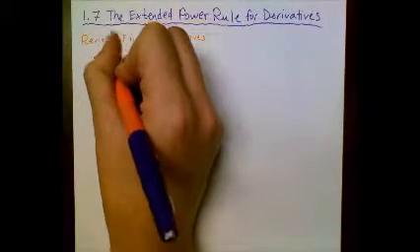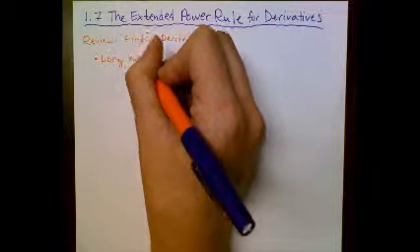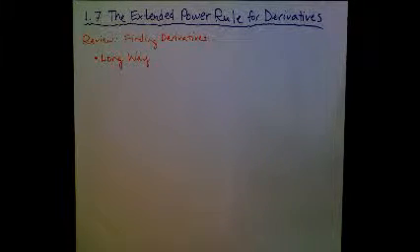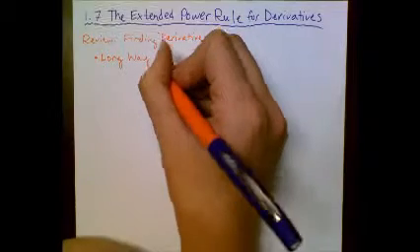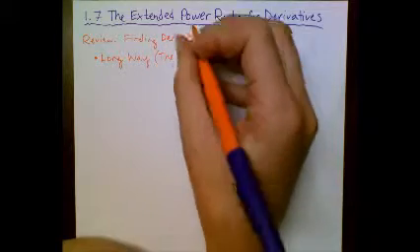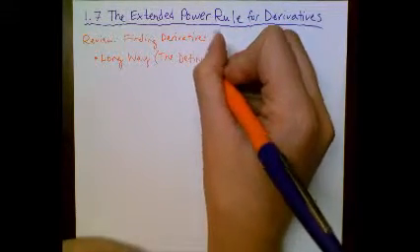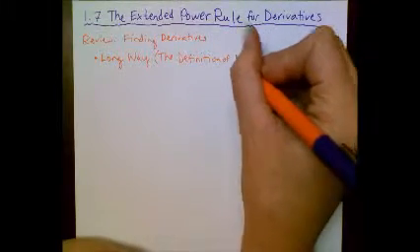We'll start with the long way, which we haven't done in a long time, and really I won't ask you to do much anymore, but if I were to ask you to find the derivative the long way, what I mean is I would say use the definition of the derivative to find the derivative.